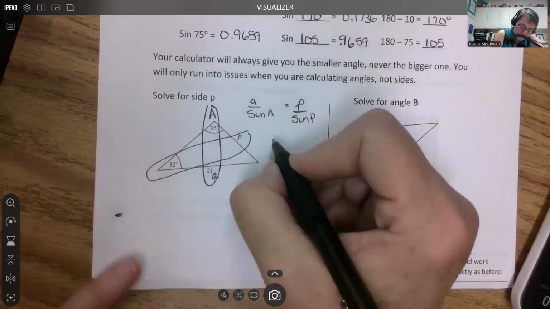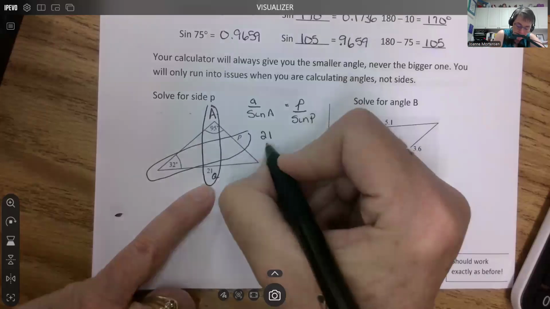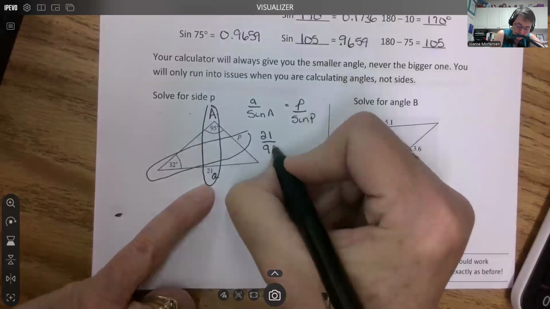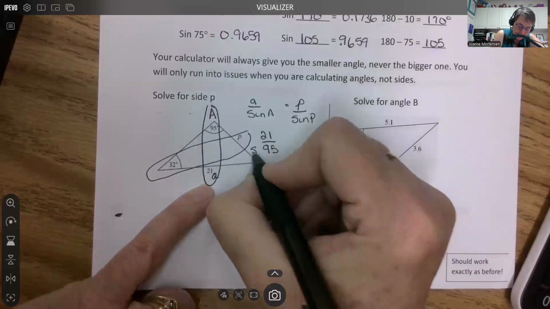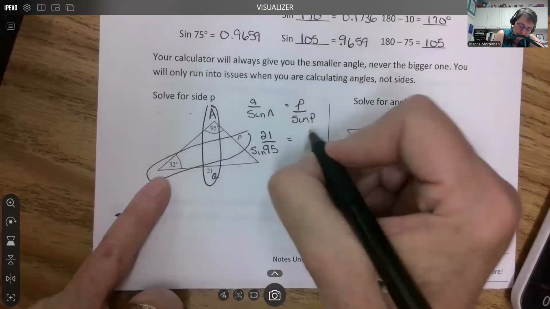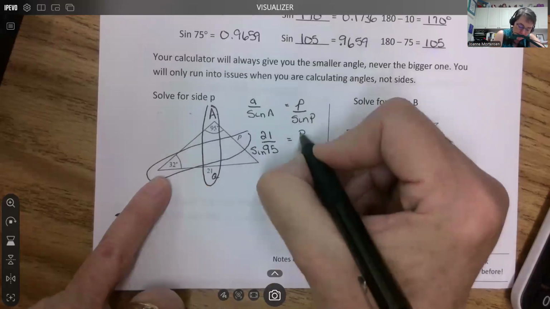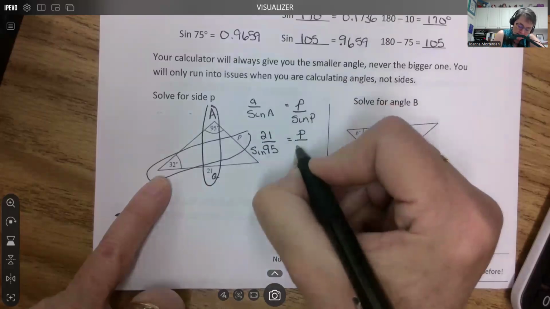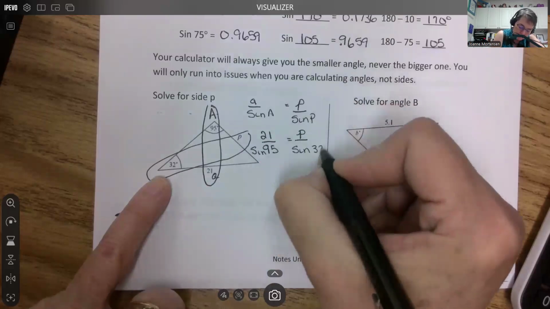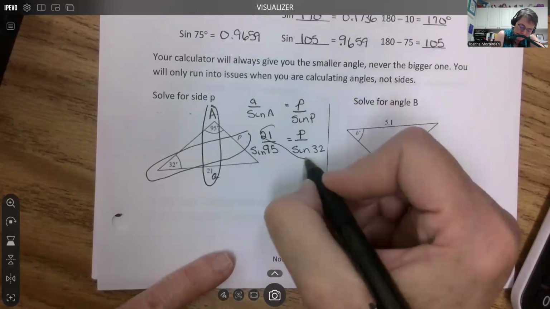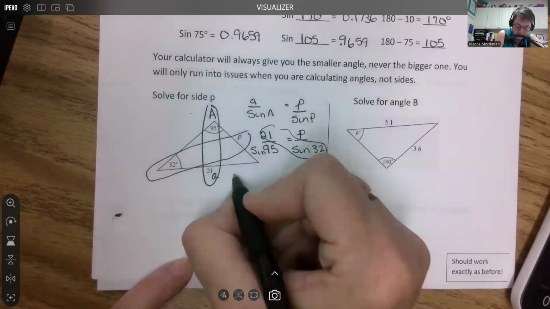So a is 21, sine 95. Whoopsies, I lost my sine. Is equal to P, which I don't know, over sine 32. Cross multiply. 21.